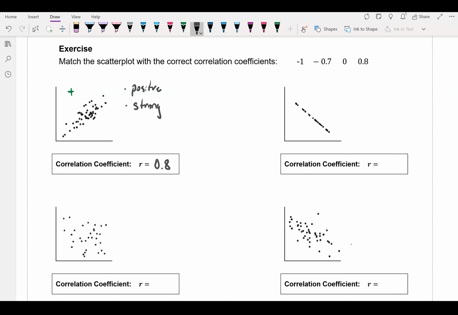Let's try the next one. The next one is negative, and it's a perfect. Perfect and negative. So I should probably have said the negative first, just to be clear. It's definitely negative, and it's a perfect correlation. A perfect negative. -1. In the third case here, down here, that is very difficult to know. Some students might say it looks like this, some students might say it looks like this.